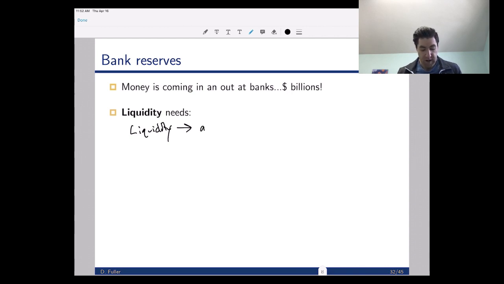So an asset is liquid if I can use it as a payment immediately.